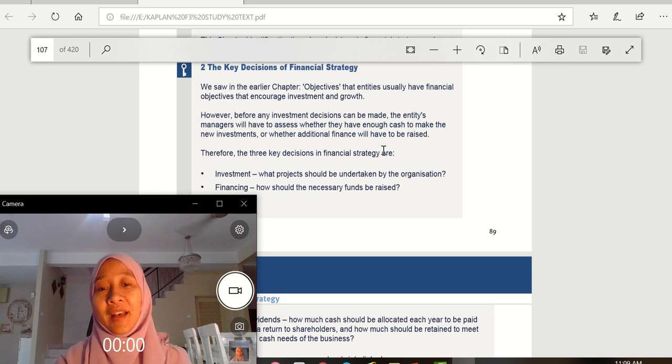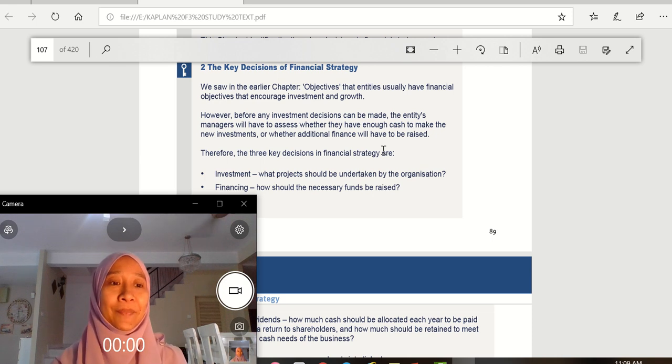This is the kind of decision that business people normally take. You don't necessarily have to consider an external source of finance, but sometimes stable companies normally issue new shares so that they can have enough cash to support certain decisions that are made.